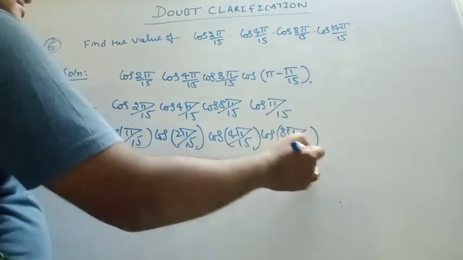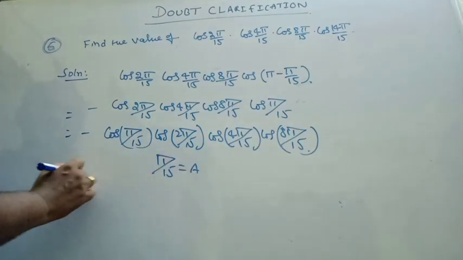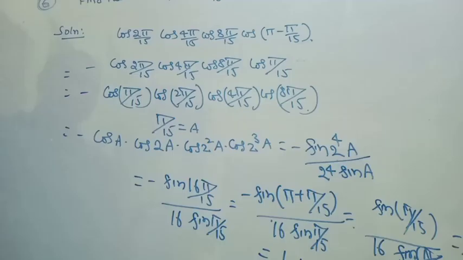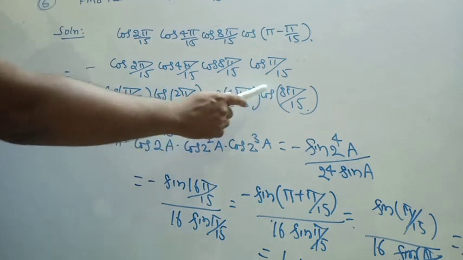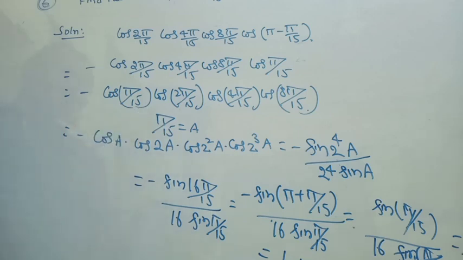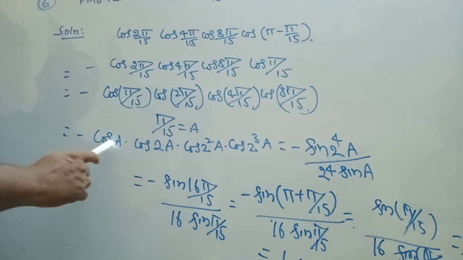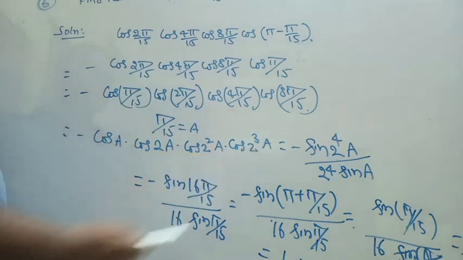If you take A equal to pi by 15, this becomes minus cos A, cos 2A, cos 2 square A, cos 2 cube A.